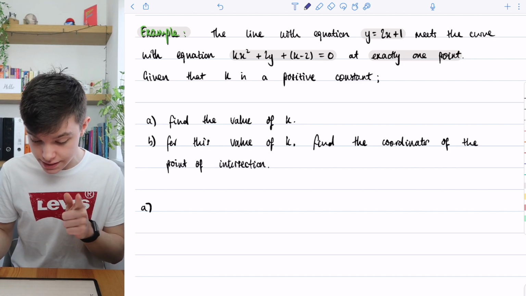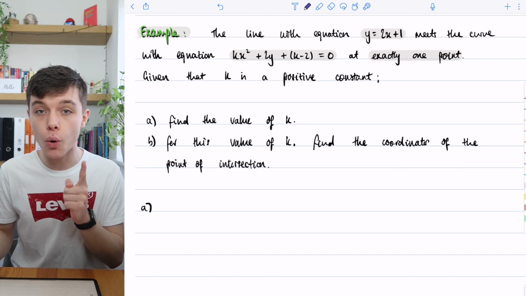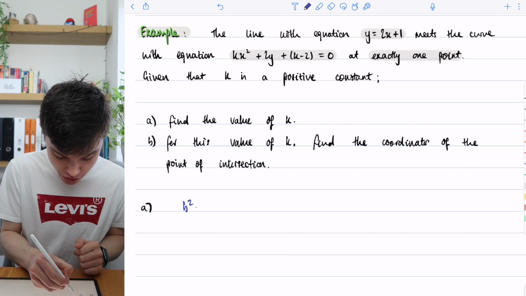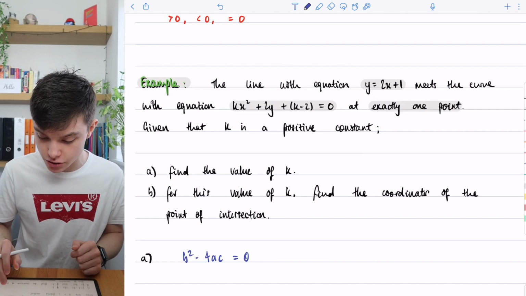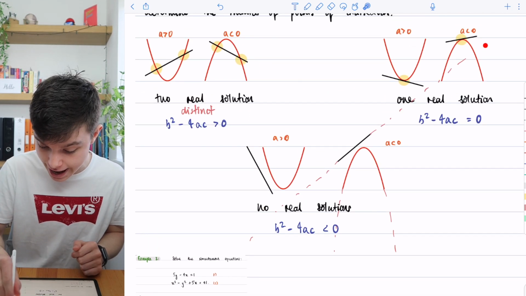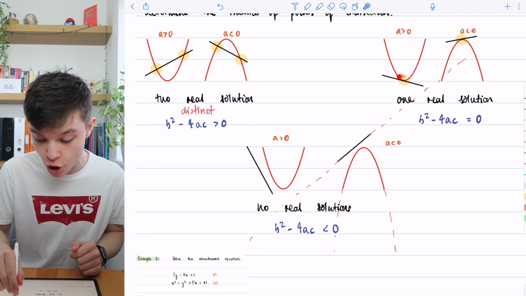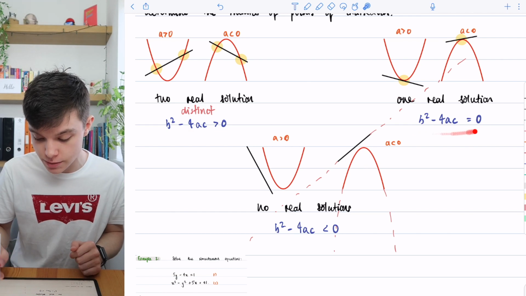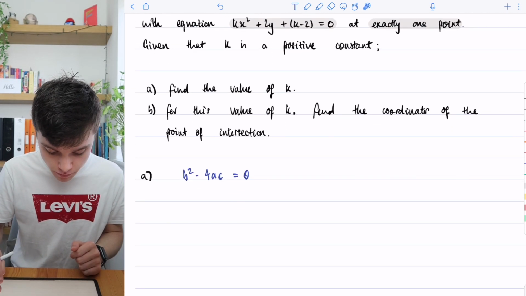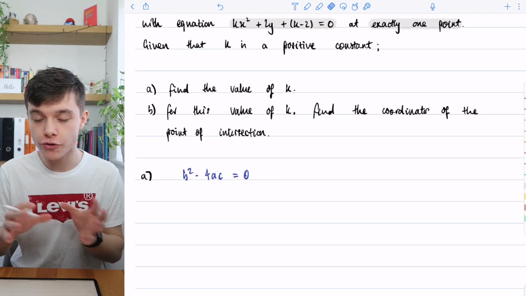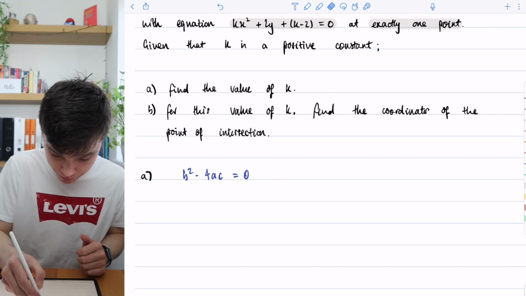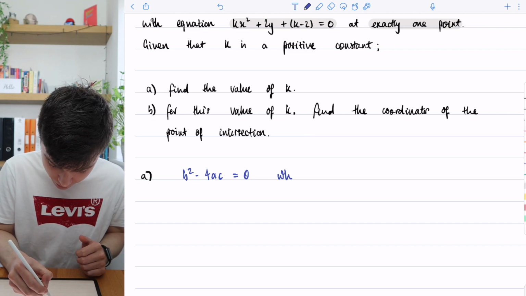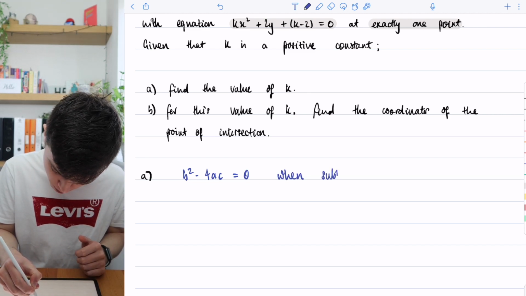Because they intersect exactly at one point, b squared minus 4ac will be equal to 0. I'm getting that from here: one real solution, one intersection point, so our discriminant is 0. And that's 0 once we have substituted our values in.